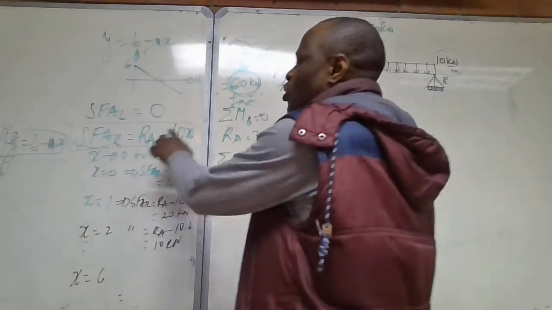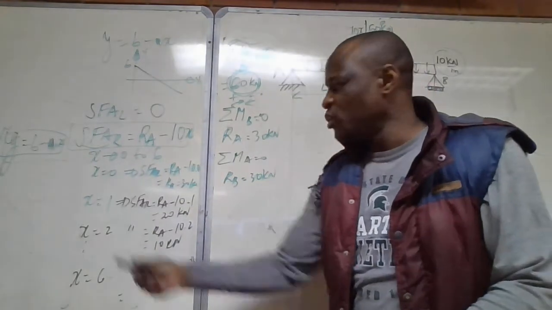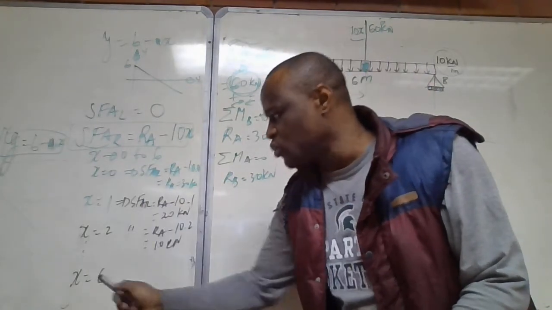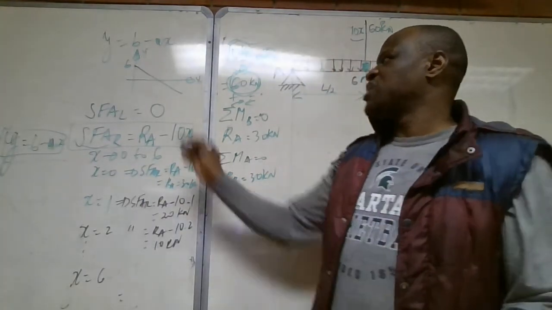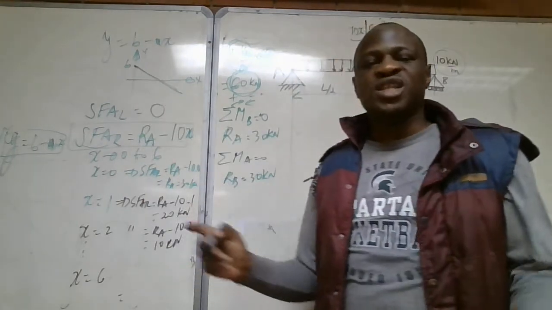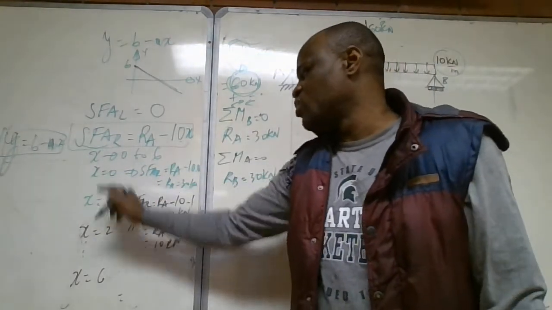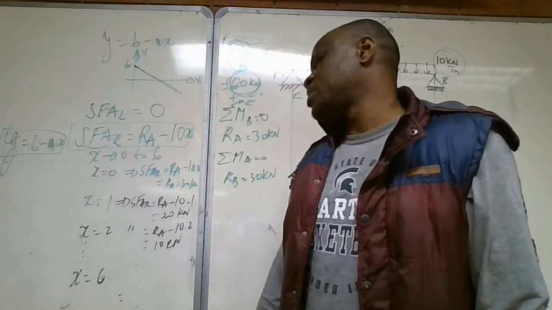Here the variable goes from 0 to 6. But because it's a straight line, we just need 2 points. We can take x equal to 0 and x equal to 6.